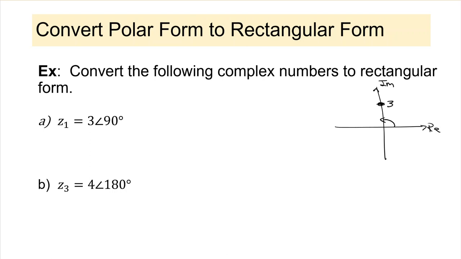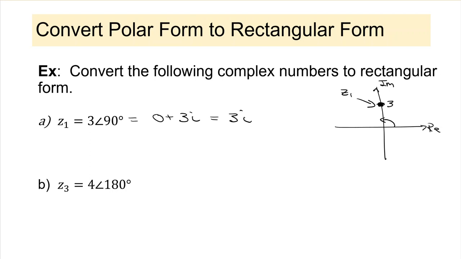This is my z1. Right there is z1. So knowing that, this is a very easy conversion to rectangular, right? Because what does this say? I've got 0 for my real part, and I've got 3 for my imaginary part. You wouldn't actually write it that way. You would write it as 3i, but there you go.